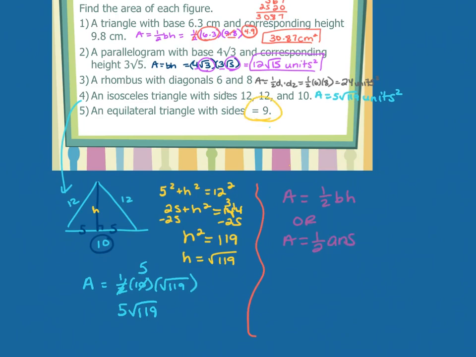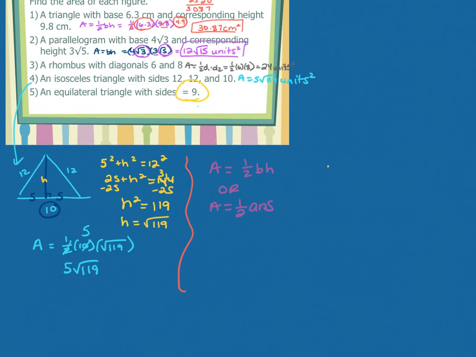If I know the side lengths are 9, then I can draw an equilateral triangle where it'd be 9, 9, and 9. Because it's equilateral, if I draw the altitude, it's actually going to cut this 60-degree angle into 2 30s. And this would be 60 and 60. So opposite the 30 is 4.5, because that 9 is divided into 2 congruent parts.